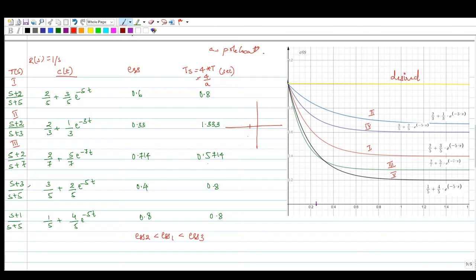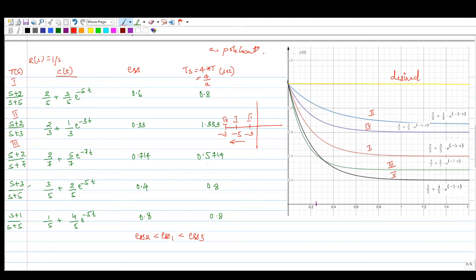So this is -3, -5 and -7, for systems 2, 1 and 3. Here you can see that as we move away from the j omega axis, the steady state error is increasing.